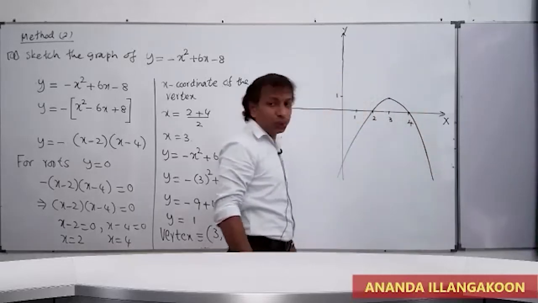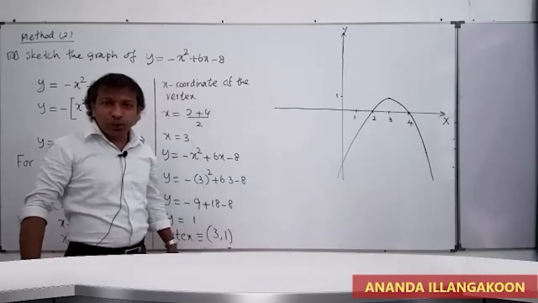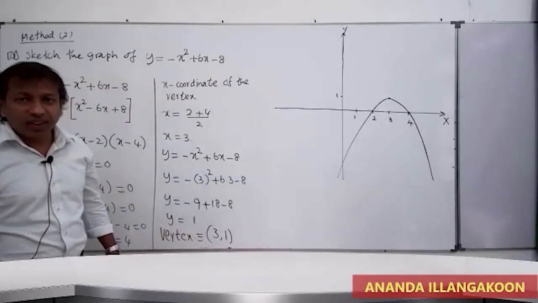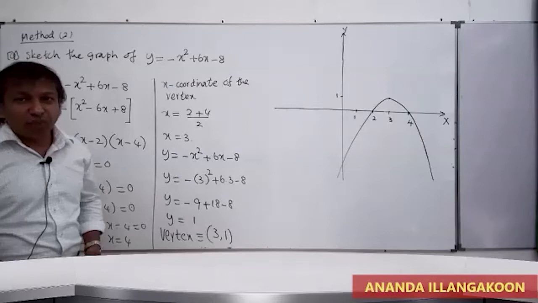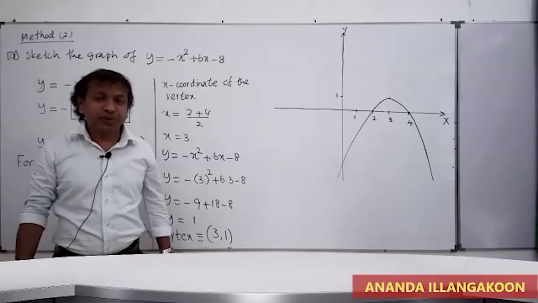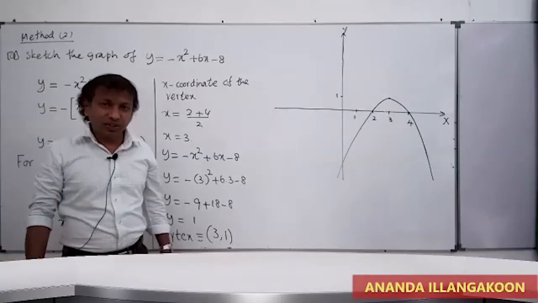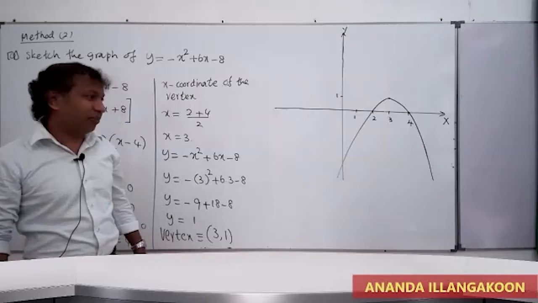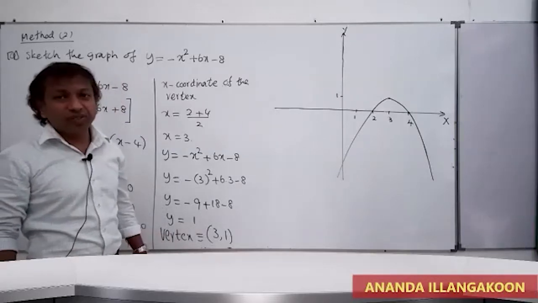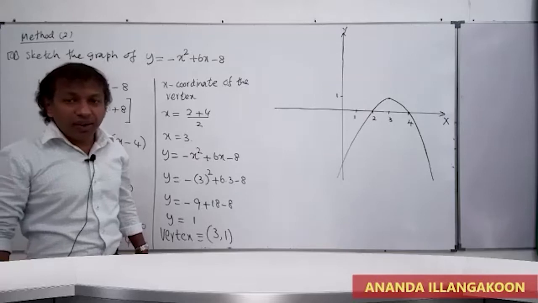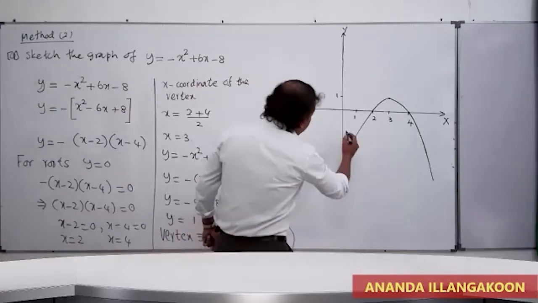See here, in order to get this graph at your level, you prepare the table, mark points on the graph paper, and join them smoothly. People, the same graph comes. Right now, somebody answer this way.